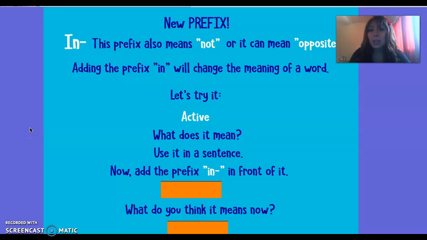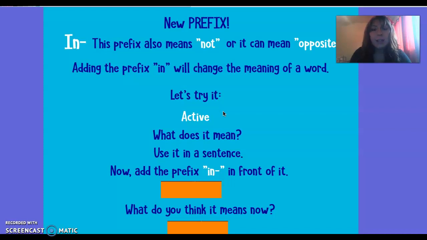Let's talk about a new prefix that also means the same thing. Repeat after me. In. This prefix also means not, or it can mean opposite. Adding the prefix in will change the meaning of a word. Repeat after me. Active. Good. What do you think the word active means?